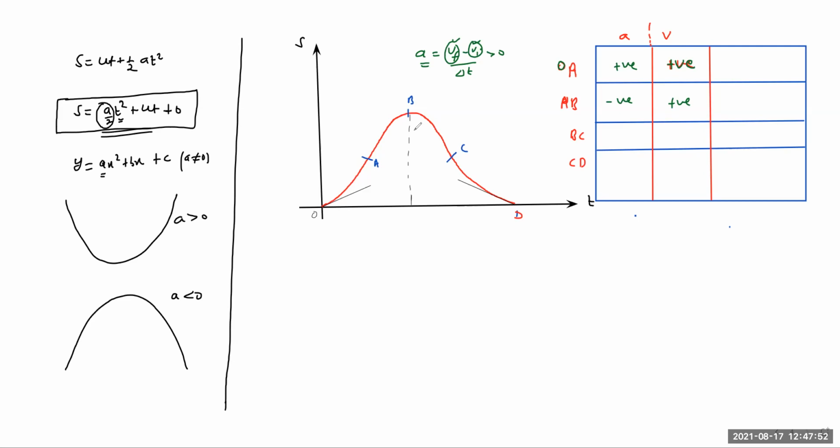Now, can you tell me the sign of A and V from B to C and C to D? Sir, from B to C, acceleration is negative. B to C, what about V? Sorry, velocity. Is V positive or negative?